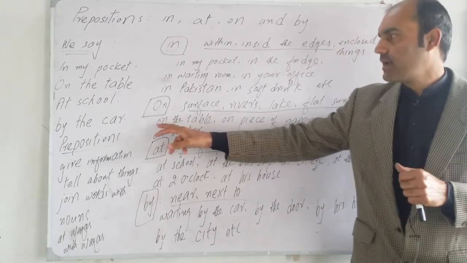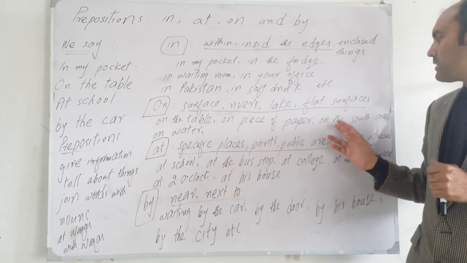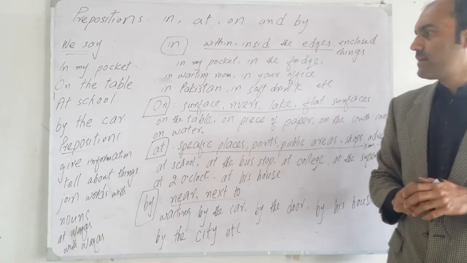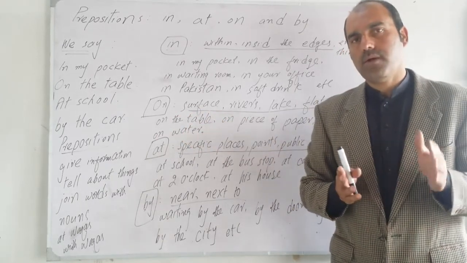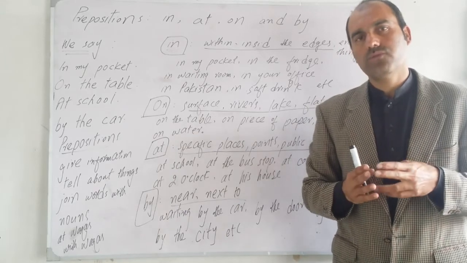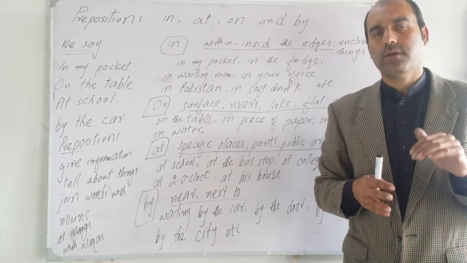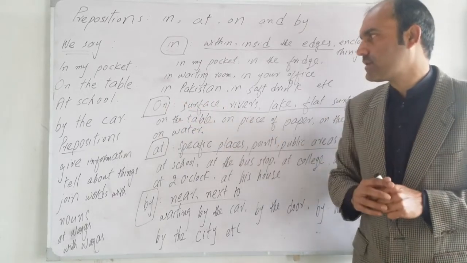You can say on the table, on a piece of paper, on the south coast, on water. These are examples, like when something is above another, or you have two surfaces and a thing is above another surface. For that you can use on.